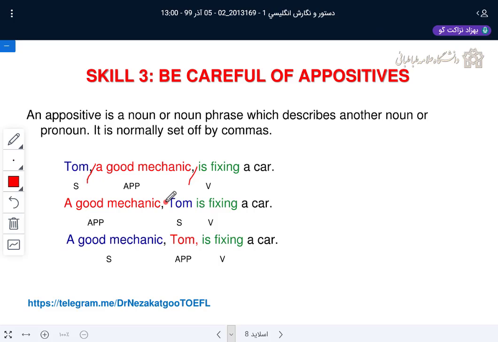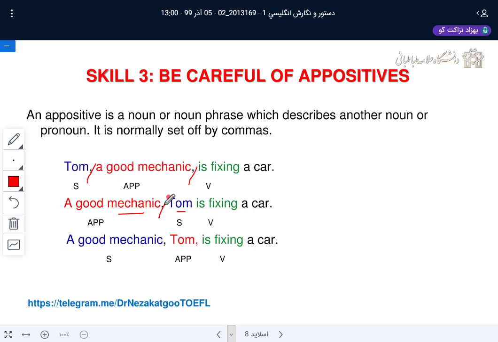But sometimes we have an appositive. Imagine now we drop this comma. What happens? Again, we have 2 nouns for 1 subject, for 1 verb. So this is the first subject, this is the second subject for 1 verb, and there is no coordinate conjunction to make a compound subject.